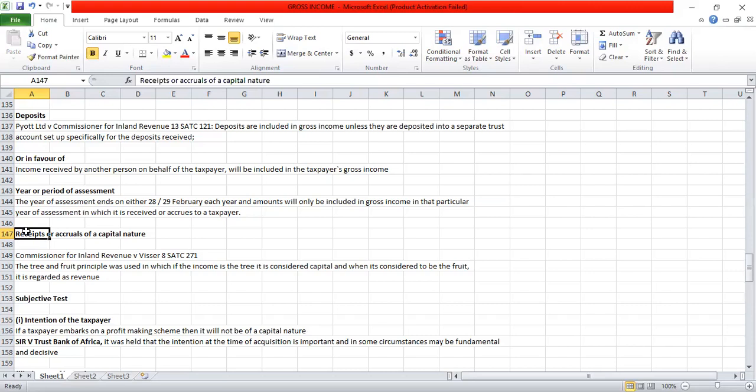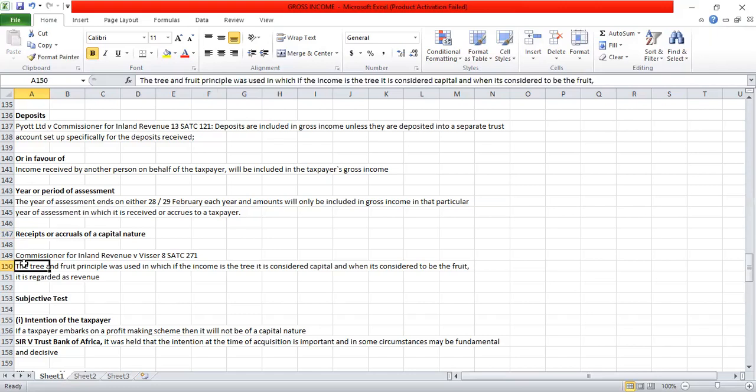Right, the Act does not define what is of a capital nature. But we've got a lot of tests that can be used which help us to determine whether an amount is of a capital nature or not. Right.